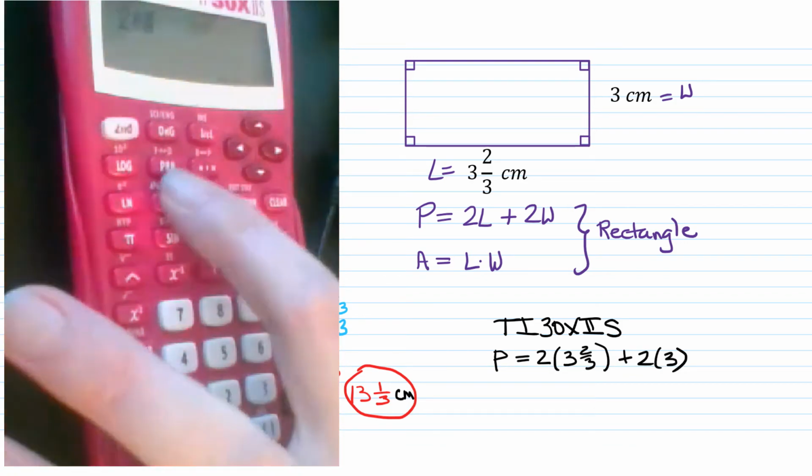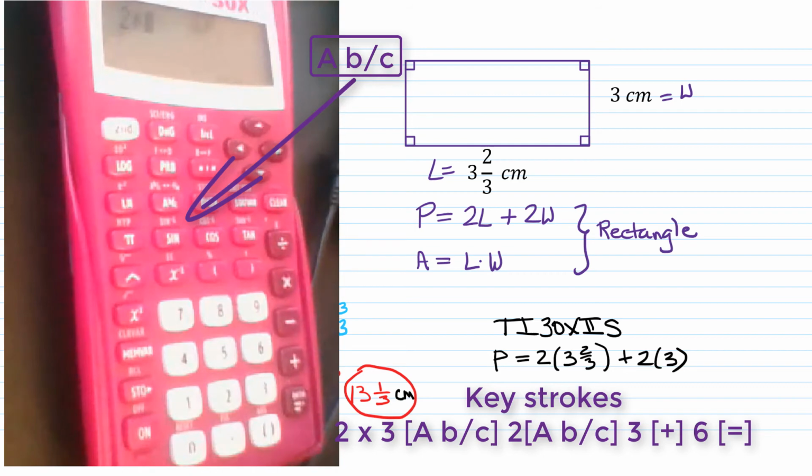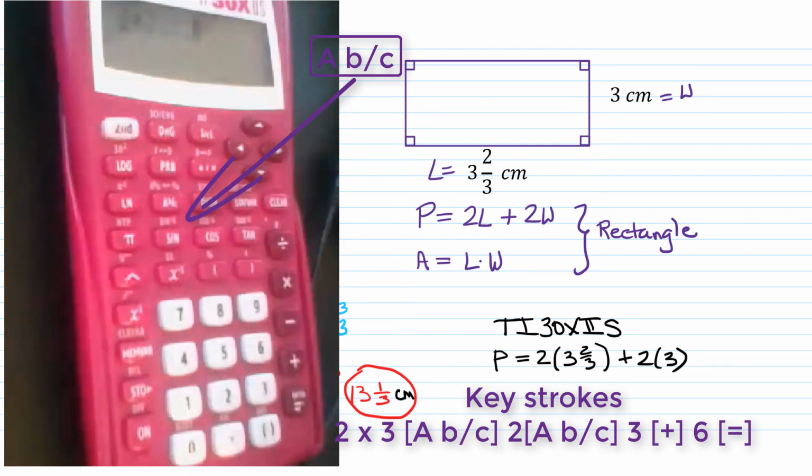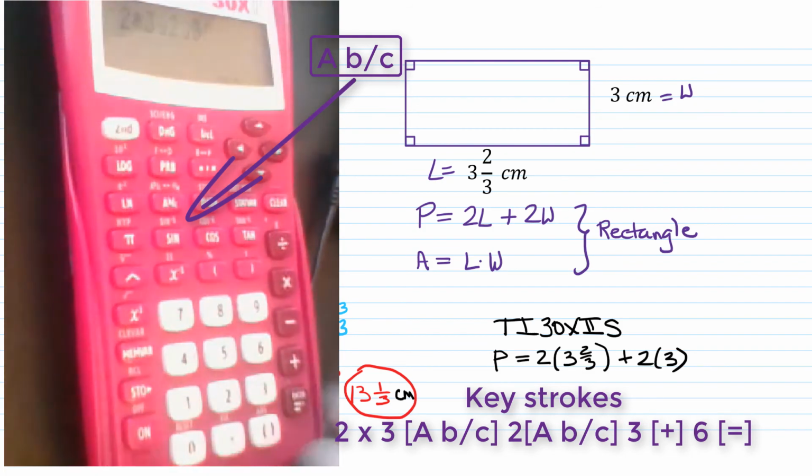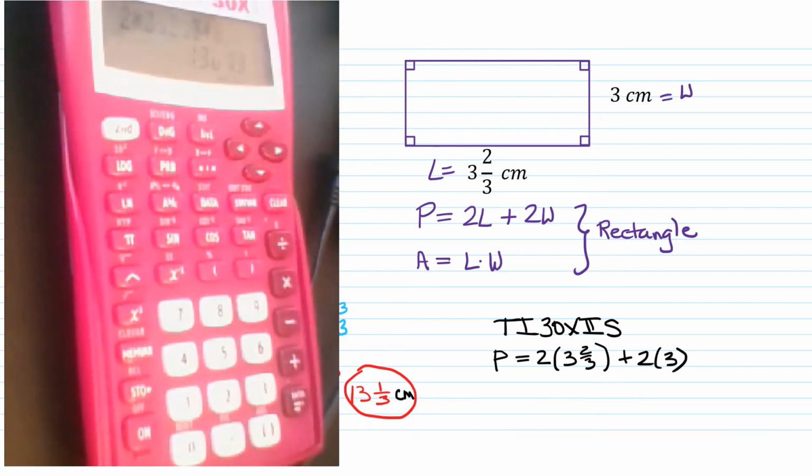I'm going to use the calculator's fraction key to enter that. So 3, fraction key, 2, fraction key, 3. And then I'm going to hit plus, and I know 2 times 3 is 6, so I'm just going to put 6 equals, and look at that, it says 13 1/3.